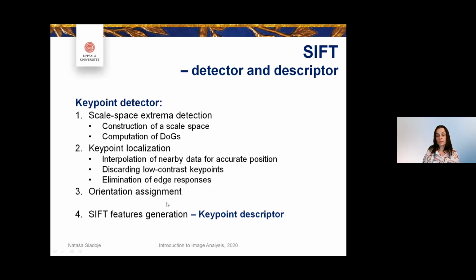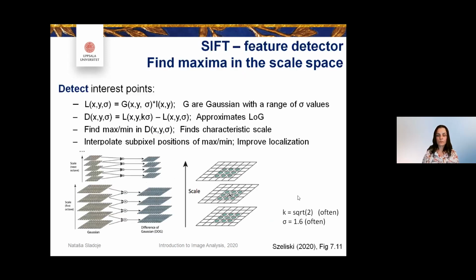Then we commented that SIFT is rotation invariant, so there is a step where the principal orientation of the feature point is detected. And finally, there is a step where a 128-long feature vector is computed for each feature point. A bit more in detail about these steps.